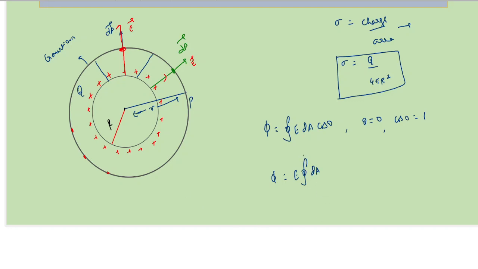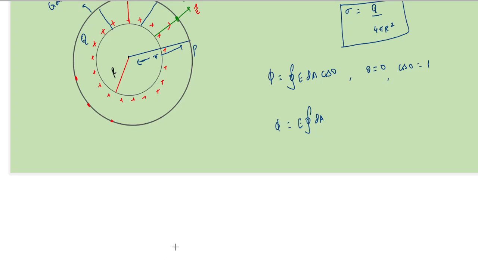If we add all the small area elements, we get the total surface area of the sphere. Therefore, flux is equal to E into 4 pi r square, because for the Gaussian surface the radius is small r. We'll call this 1.